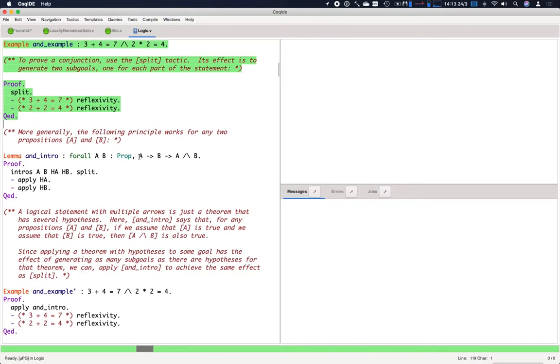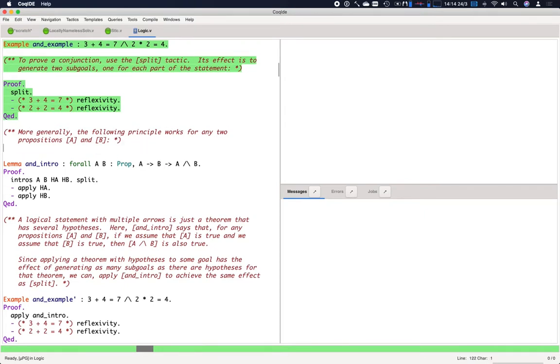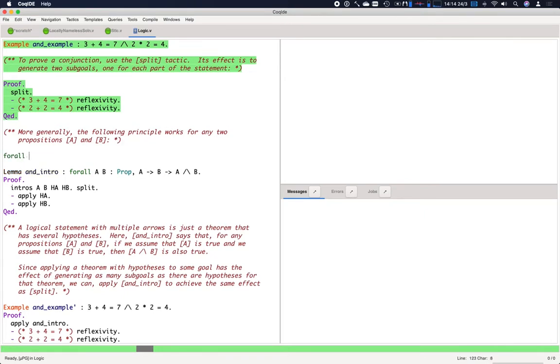So if you have two propositions, A and B, then you can make a proposition A and B. If you read this in a slightly different way, these are the propositions here, and these are proofs of those propositions. So just like we would have, say, if this was Type, sometimes we've had things like forall T : Type, T -> something.